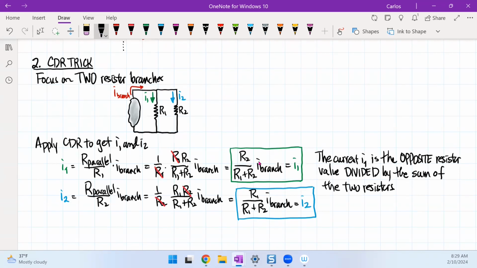So if I want I2, it's going to be the opposite resistor of resistor 2, which is then going to be R2 divided by the sum of the two resistors times the branch current gives you the current.